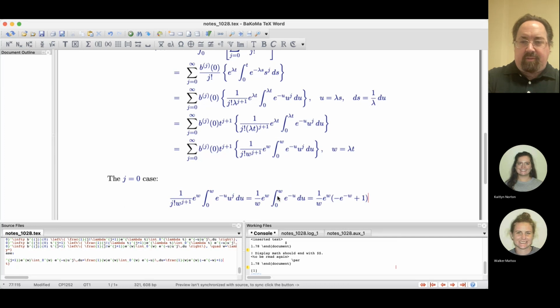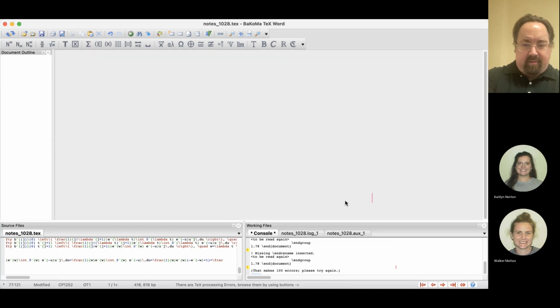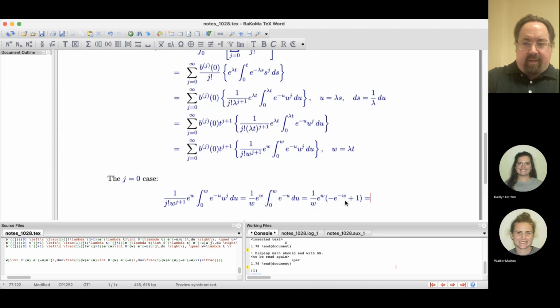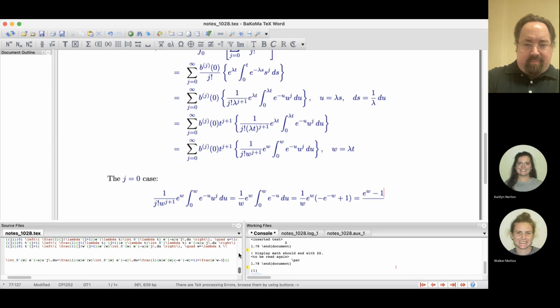Okay, so the integral is just that. But now we simplify everything, and I get, fourth time. Dang it. Okay, so e to the w minus 1 up top, and then just w down below.